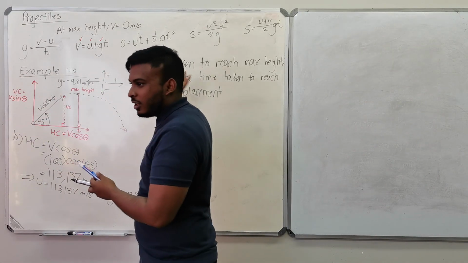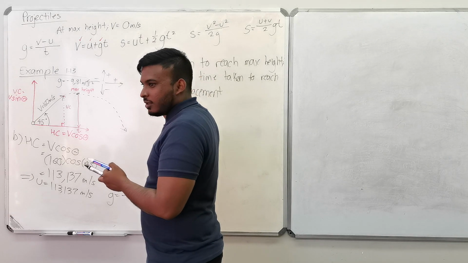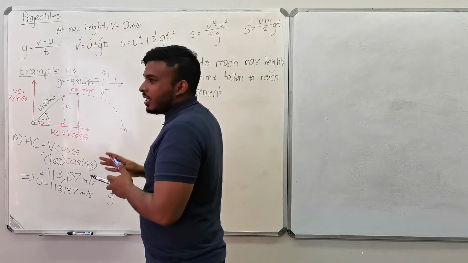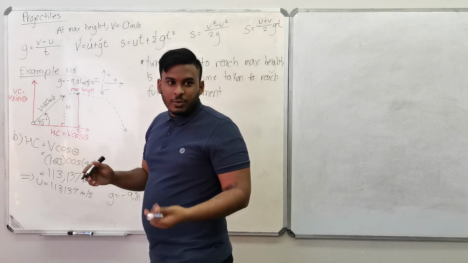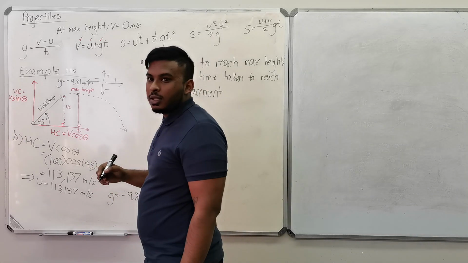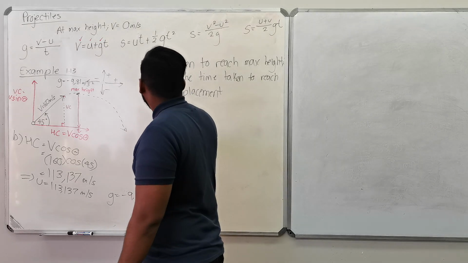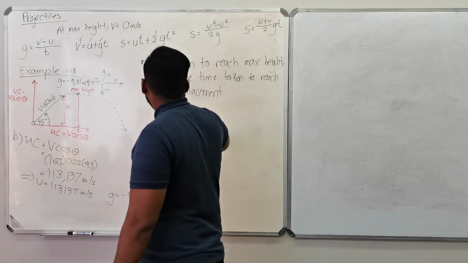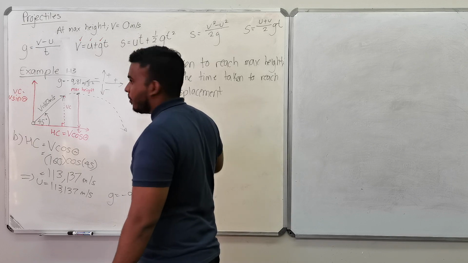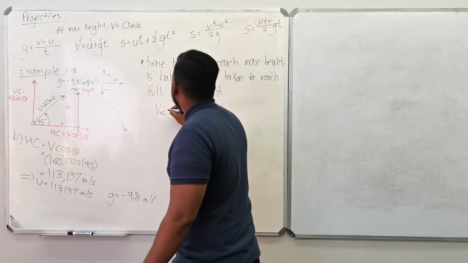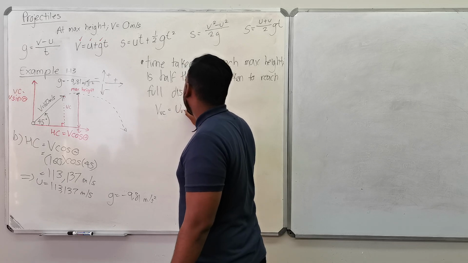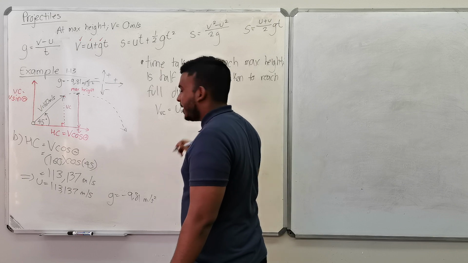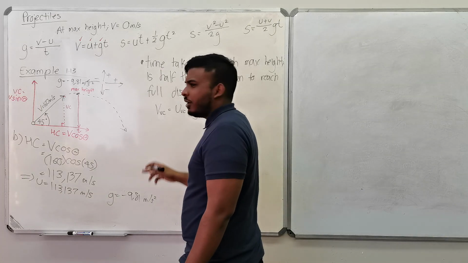The other ones have displacement, so you don't need them. So your velocity on your vertical component is equal to your initial velocity on your vertical component plus gravity times time. What are the values?